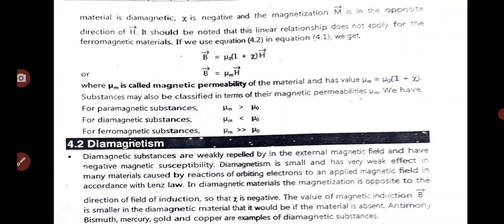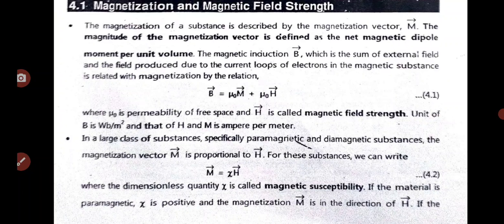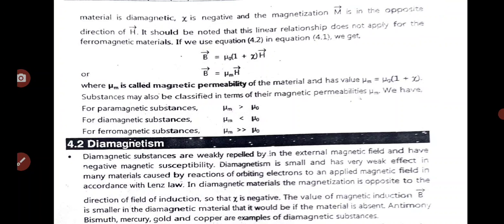What is the relation between the magnetic permeability and the permeability of free space? In a paramagnetic substance, mu m is greater than the permeability of free space.